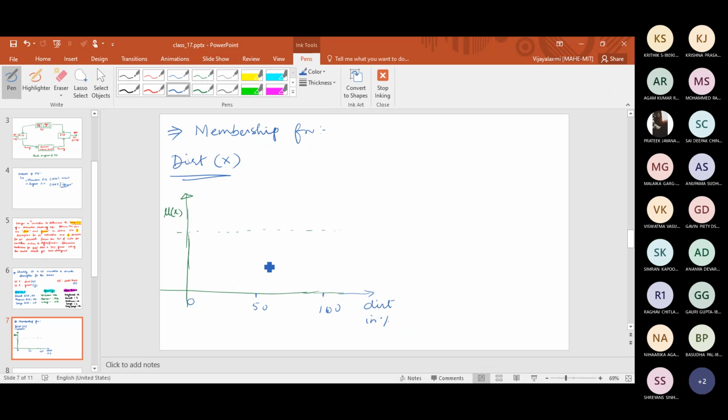This is my medium, for this small dirt, and for the large dirt.